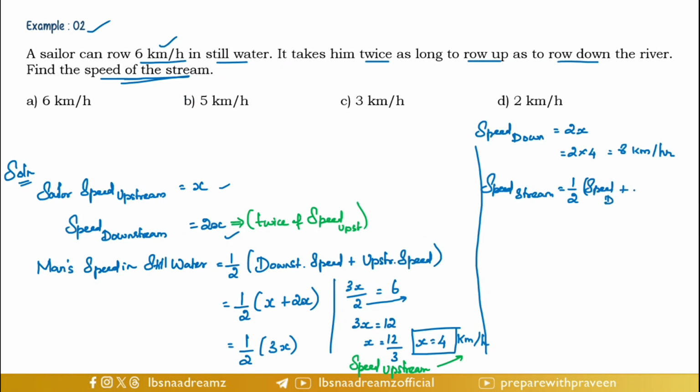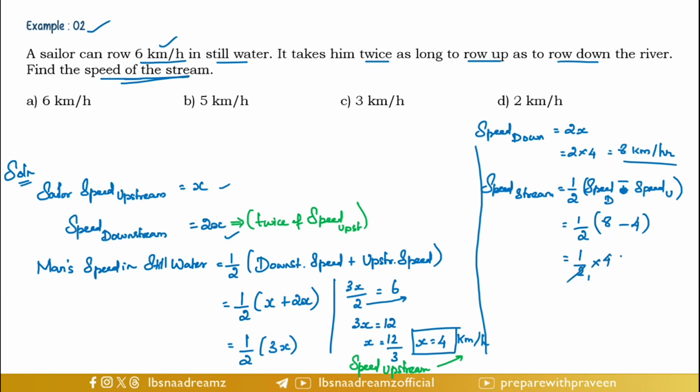So apply the values: 1 by 2 into downstream speed 8 minus upstream speed 4, that is equal to 1 by 2 into 4.